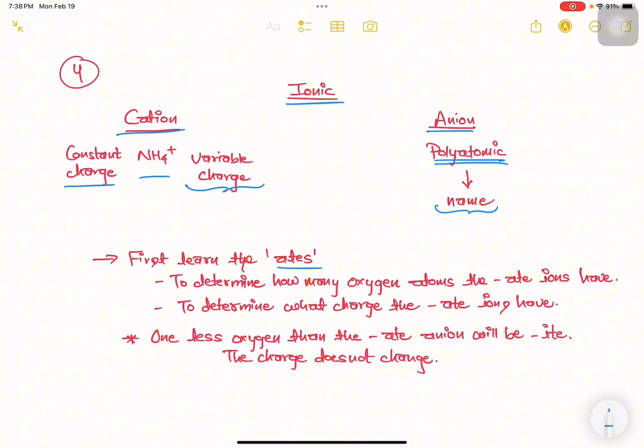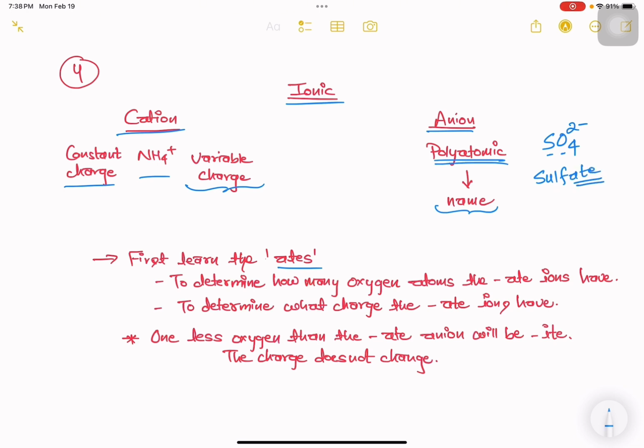So you have to determine how many oxygen atoms the -ate ions have, okay, and you need to know what charges the -ate ions have. For example, if it is SO4 with 2- charge, this is polyatomic, okay. The name of this is sulfate.